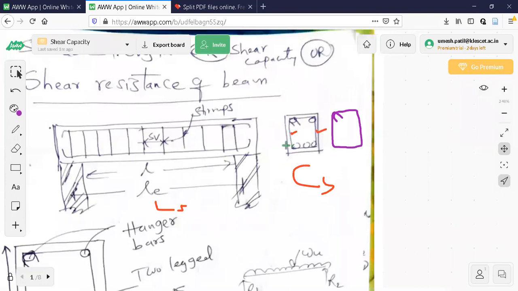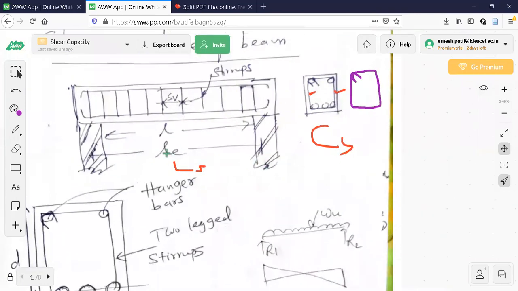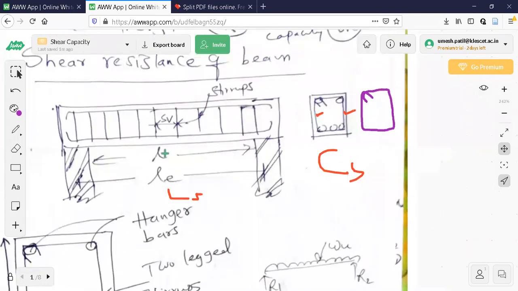So this is how I am going to increase the shear strength. Initially the concrete itself has some shear strength. Okay. Then I'm increasing the shear strength by providing what are called stirrups.